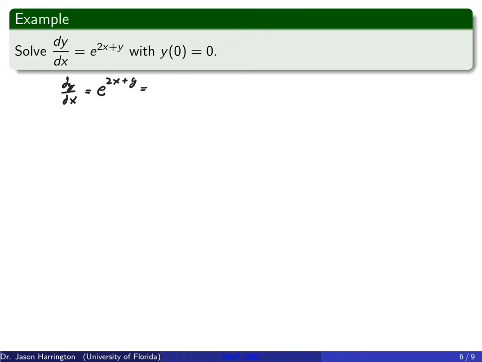And using the properties of exponential functions, I can simply write that as e to the 2x times e to the y. You'll notice now I have two separate functions, and that is in fact separable. So this is now my function g of x, and this is now my function p of y. So it is in fact separable.